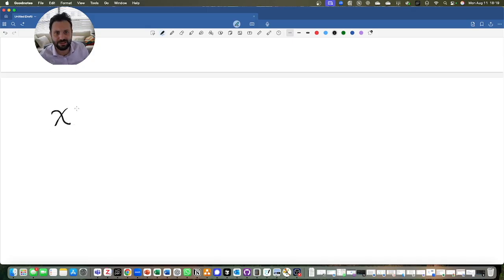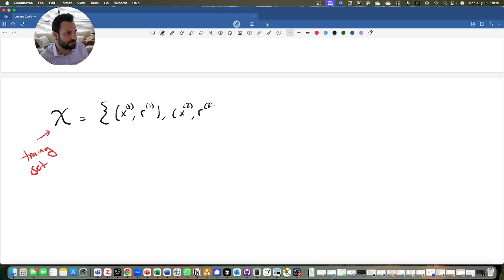For this, I'm going to start with my training set again. Let's remember, my training set is something like this. I have x1, r1, x2, r2, and so on, up to x of n, r of n.